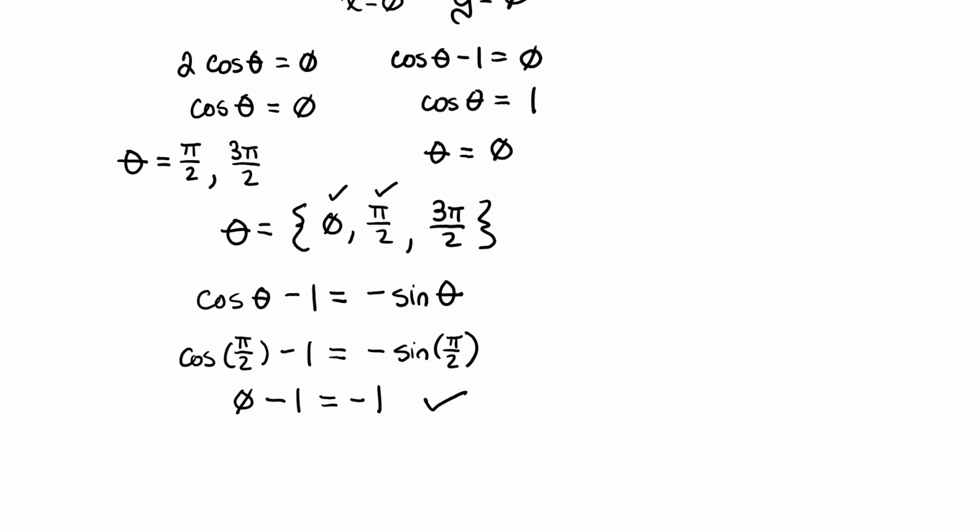So far so good. So it looks like all of this was for naught because we've not found anything that went against the answers that we found. So let's check, just for completeness' sake, 3 pi over 2.